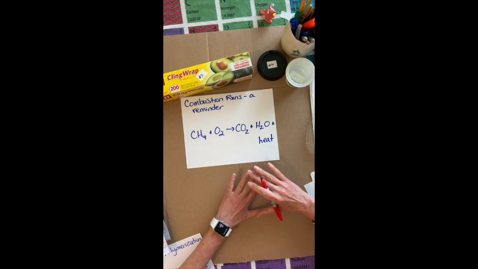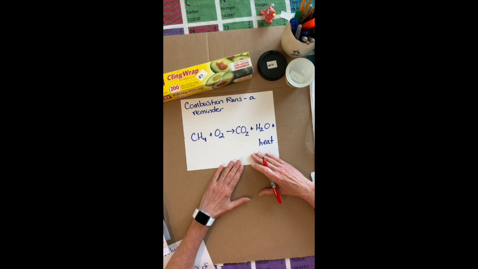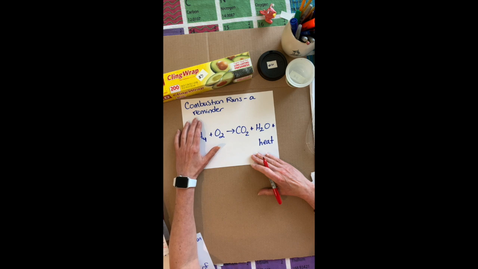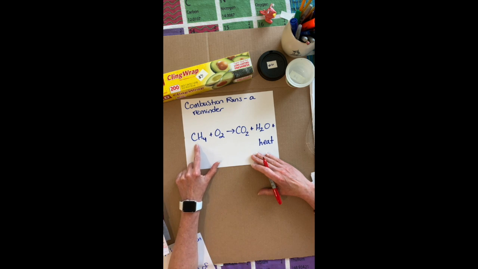Okay, and to conclude, this is just a small add-on to this lesson. I'm going to remind you of combustion reactions. We actually learned about these way in the beginning of this school year when you were trained how to use the Bunsen burner, because usually it's either methane or propane that is burned.